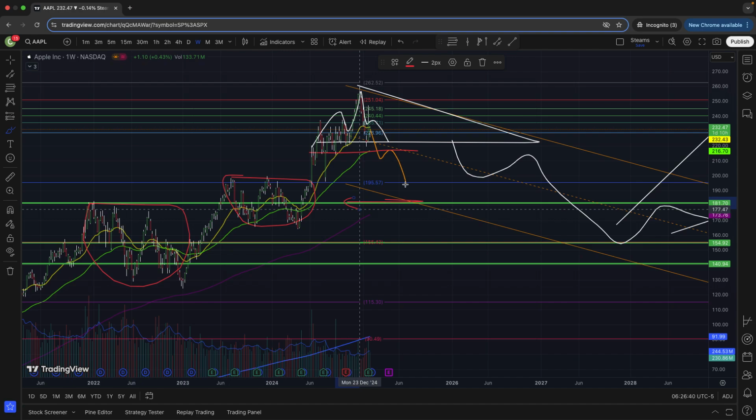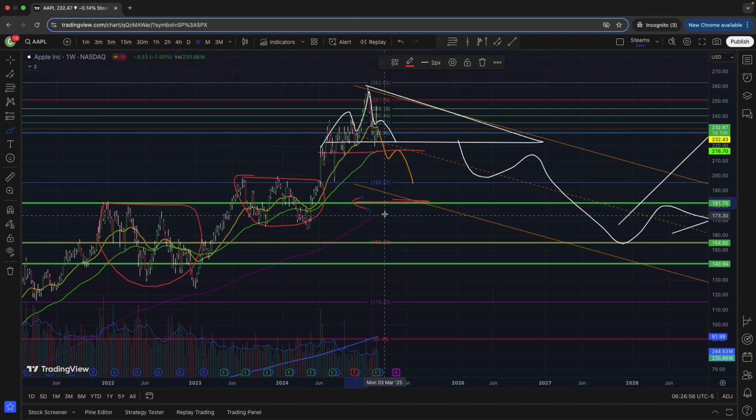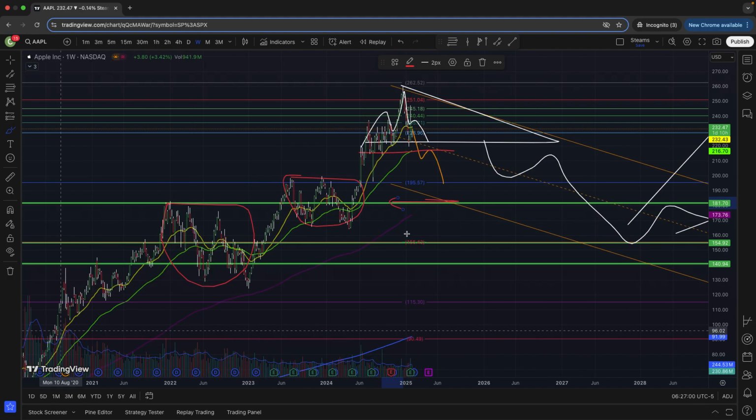Once you come to this level, it's 173. 173 is where I told you I'll be looking to accumulate between 195 and 155. 173 is the ideal average to buy, where the institutions will buy, and you saw the reaction on price action. It's rare that it even goes to the purple line.